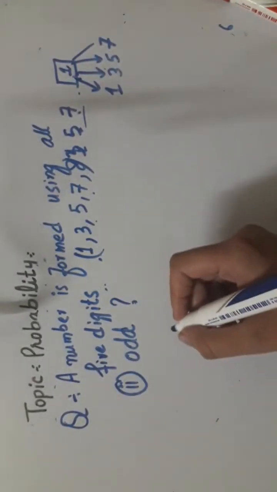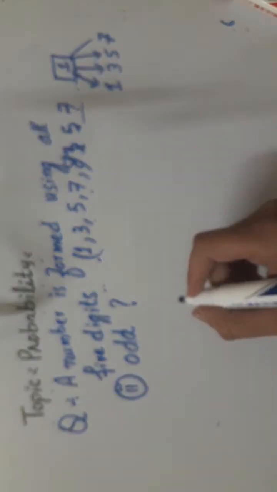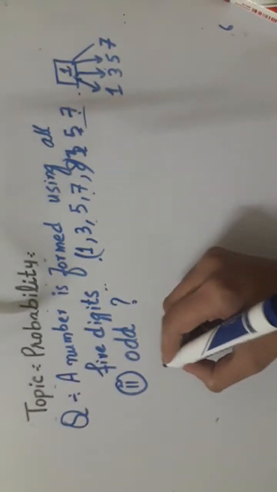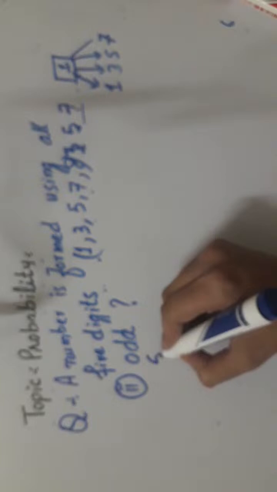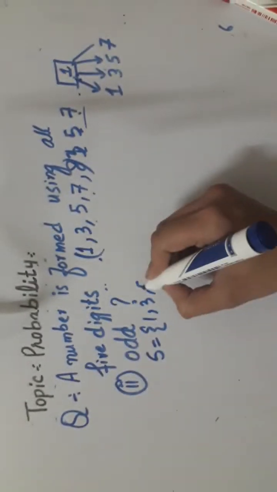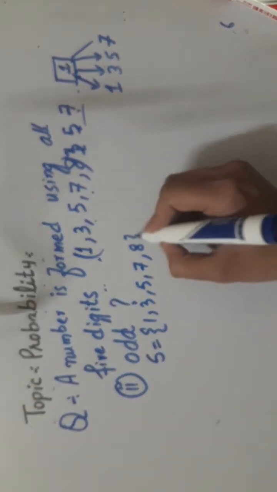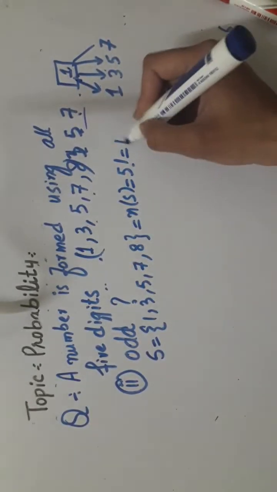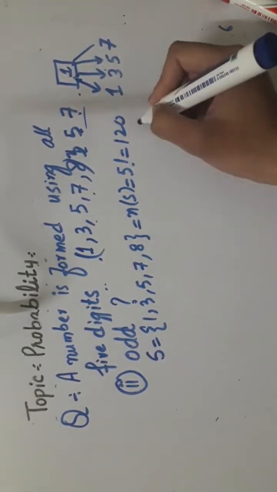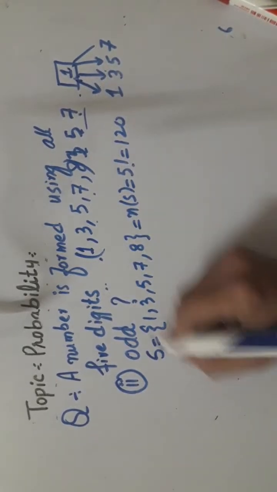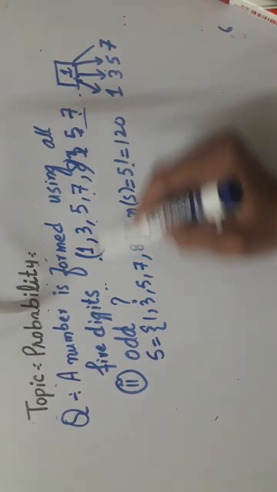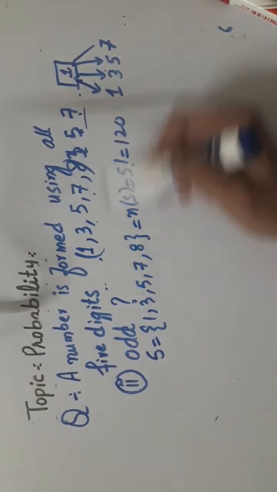And the total number of the sample space is n of S, equal to the total numbers 1, 3, 5, 7 and 8. So n of S is equal to 5 factorial, which is equal to 120. We have already solved this, but now A is the event when we use an odd number.